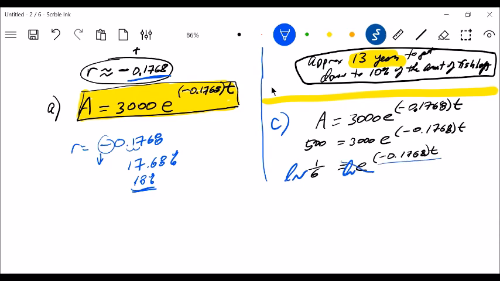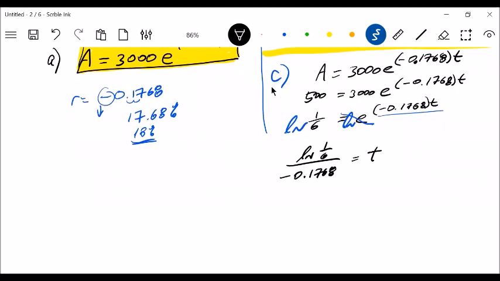And when we do and divide by that number, we get that t is equal to the natural log of 1/6 divided by negative 0.1768, which is equal to the amount of time. So when you plug that into the calculator, t is approximately 10 years. I believe it's 10.13 something. 10 years to get down to only 500 fish out of 3,000. Wow.